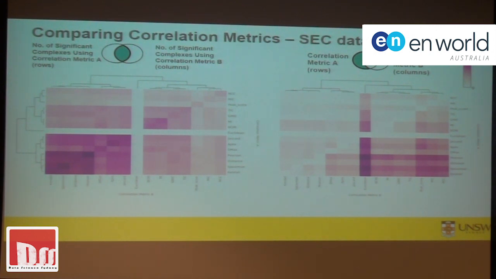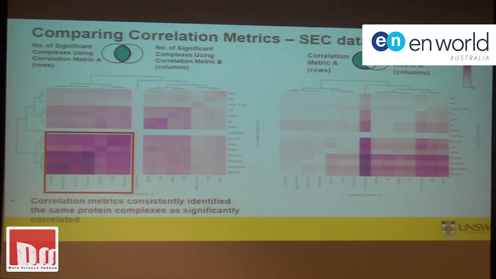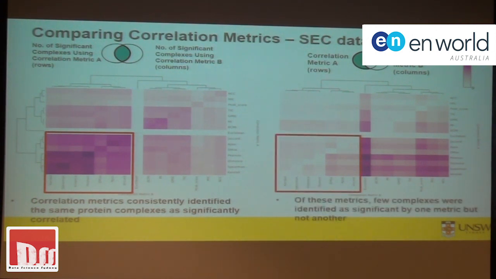Here I compare correlation metric A, which is the rows, and correlation metric B, which is the columns. And you can see that Spearman, Pearson, and Kendall correlation metrics consistently identified the same protein complexes as significant. And of these metrics, there are few complexes that were identified as significant by one metric but not the other.